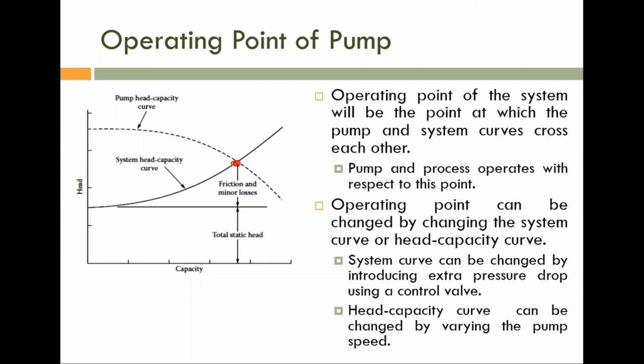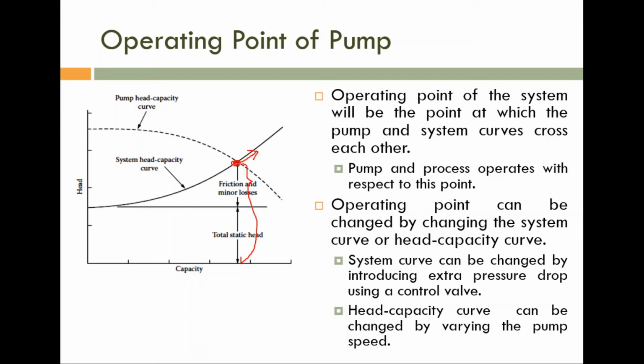It means the discharge pressure provided by the pump is exactly sufficient to overcome the system curve provided by the system, the pipeline. So you can see that the flow rate will not increase beyond this limit.